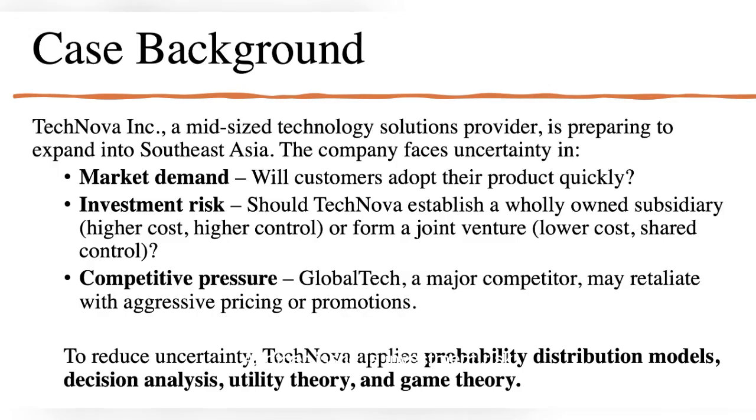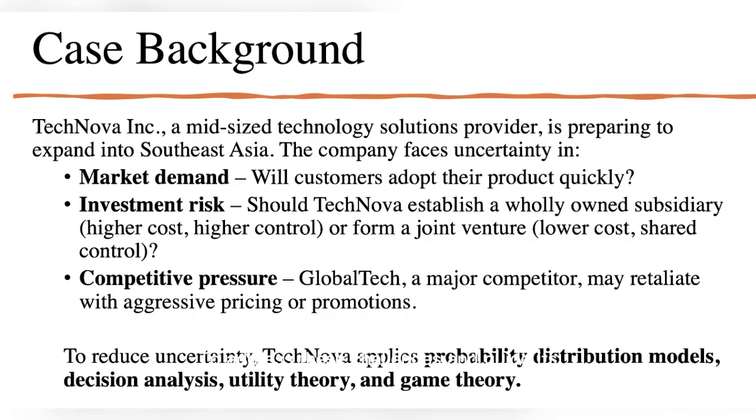Another issue is investment risk, as the company must decide between establishing a wholly owned subsidiary, which involves higher costs but provides full control, or entering into a joint venture, which requires lower investment but means shared decision-making and control. Additionally, Technova must consider competitive pressure from Globutech, a major rival that may respond with aggressive pricing strategies or promotional campaigns to protect its market share.